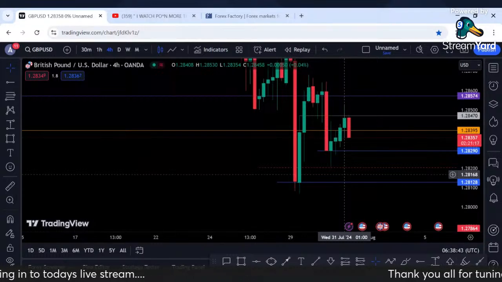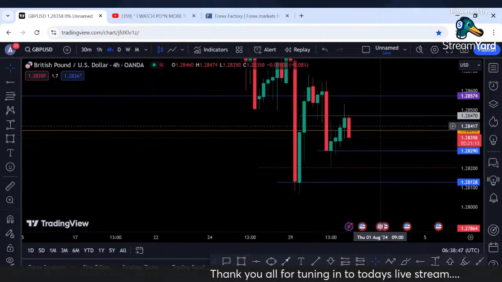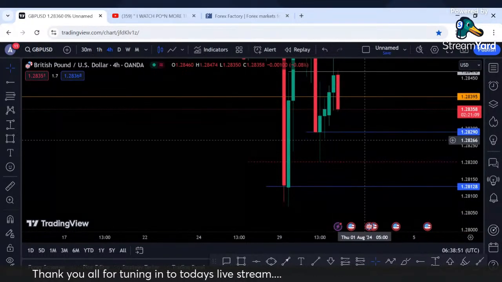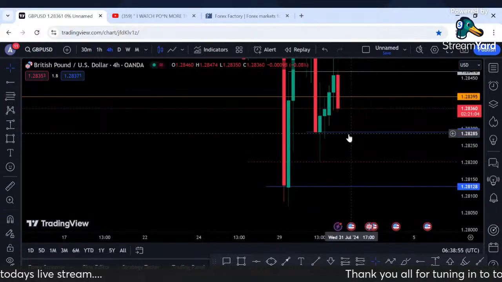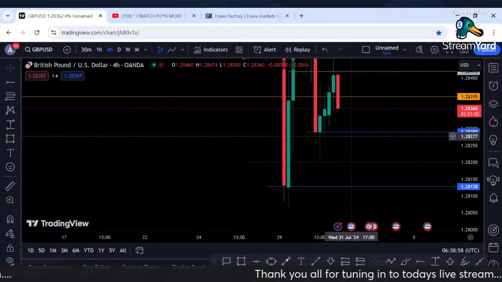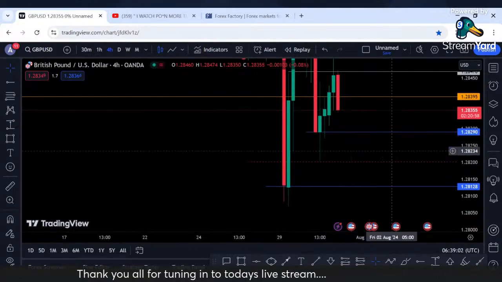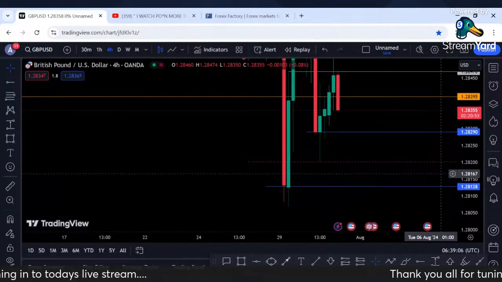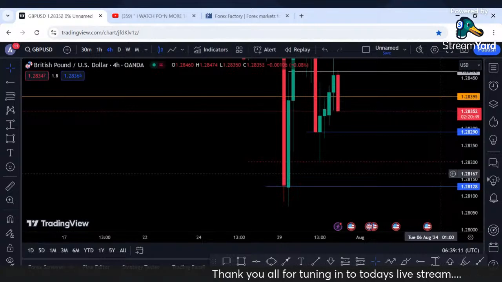But if the market hasn't given you an opportunity, how can you determine it? So the entry price is simply the price at which you are buying. So if I'm buying at this point, this is the entry price, 1.28. That's the entry price.